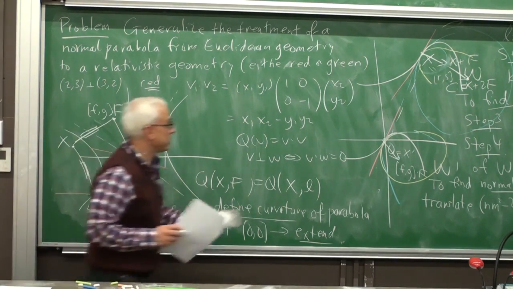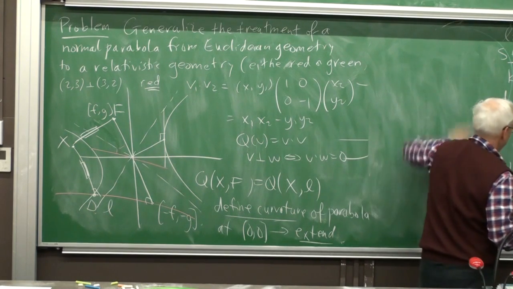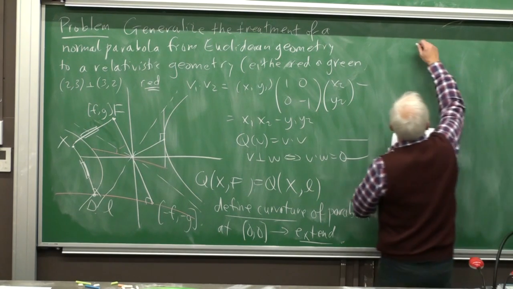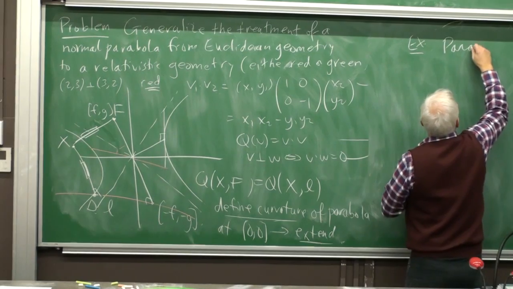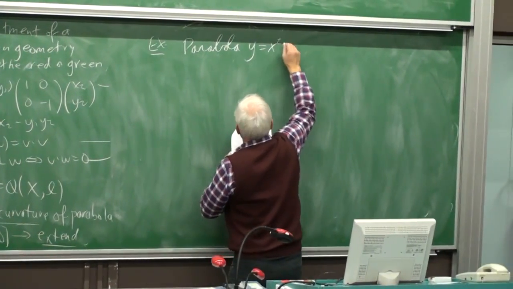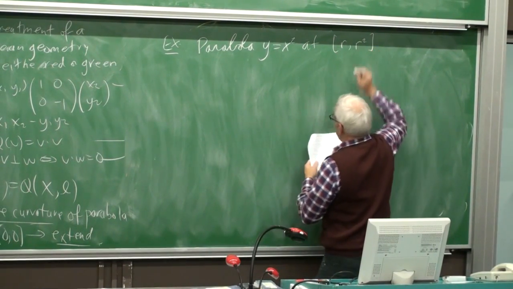Okay, I want to do a calculation of an evolute and curvature, so let's just do a simple example of the parabola. y equals x squared at some point r, r squared.